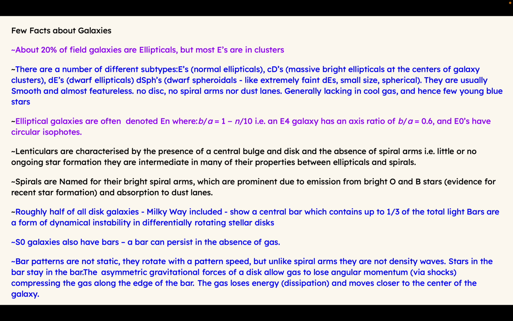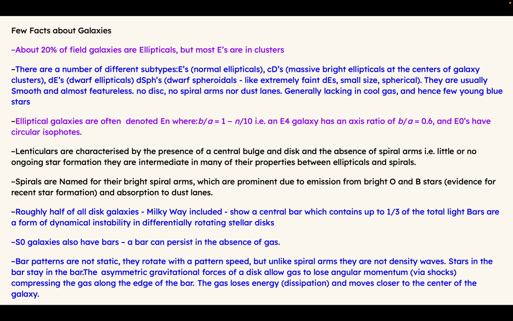Elliptical galaxies are often denoted with En, where the ellipticity gives B/A equals 1 minus n/10. An E4 galaxy has the axis ratio B/A. If A and B are known to you, then you can find the eccentricity of the spheroid.